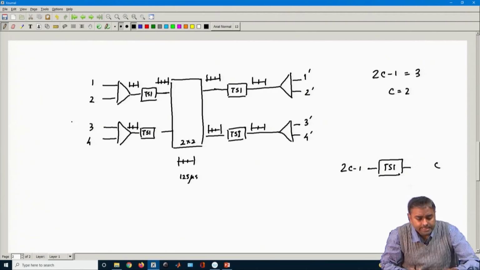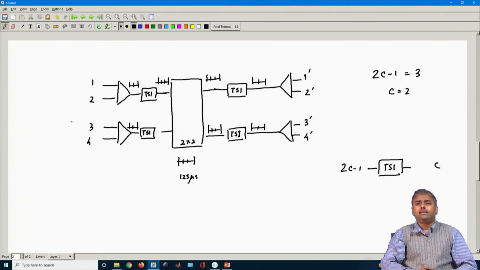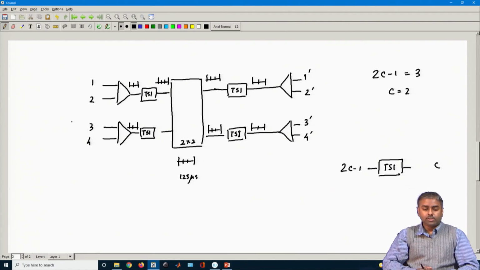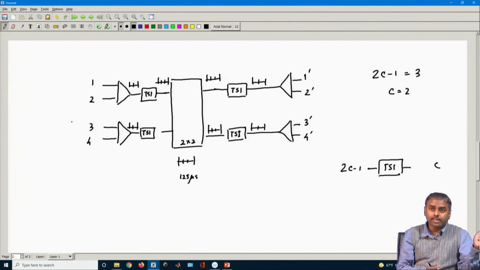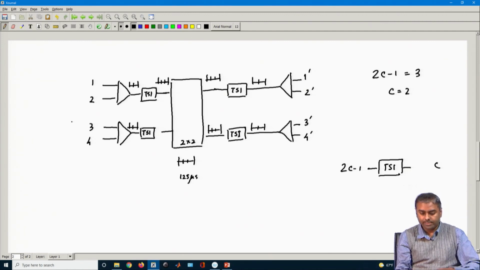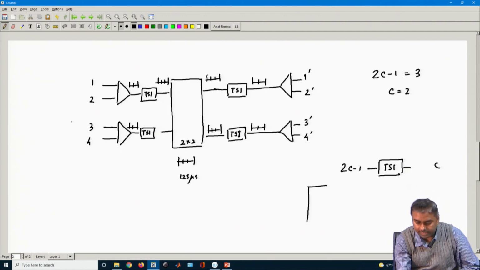One is, how many locations will this TSI have? The TSI memory will be a little bit more, because whether you read or write you have to keep a data storage of 2C minus 1. Earlier it was C, now you have to keep a data storage of 2C minus 1. So, the TSI will have data storage from 1 up to 2C minus 1.